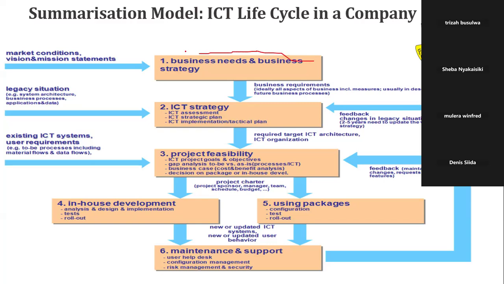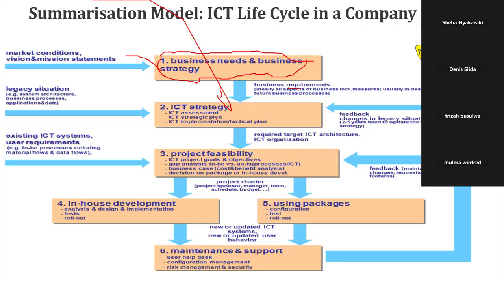This is where it starts from. And this is driven by the market conditions, the vision and mission statements. From these, the ICT is guided on business requirements. From this, we develop our ICT strategy.